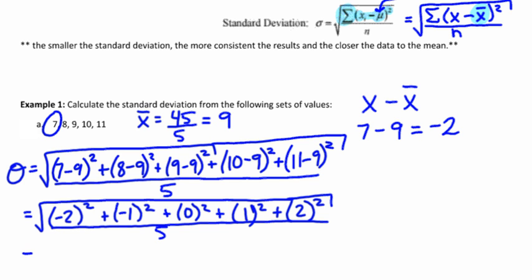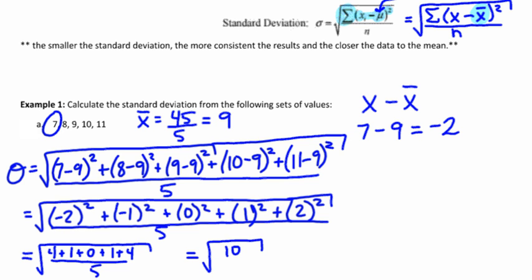Even further, we have the square root of 4 plus 1 plus 0 plus 1 plus 4, divided by 5, equals 10 divided by 5, which is the square root of 2, which gives us 1.41.